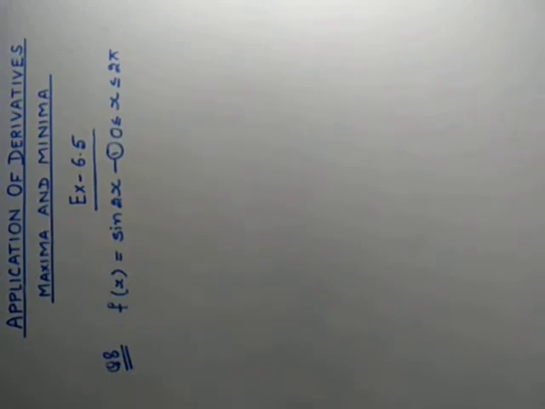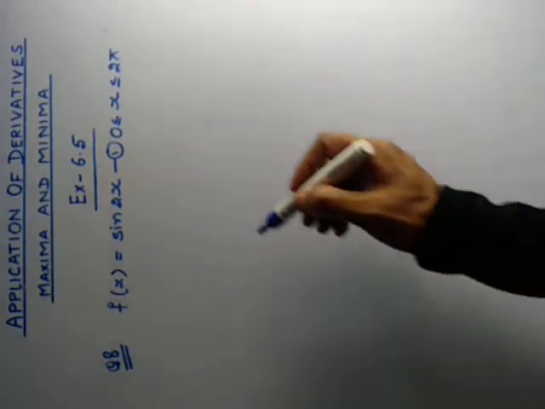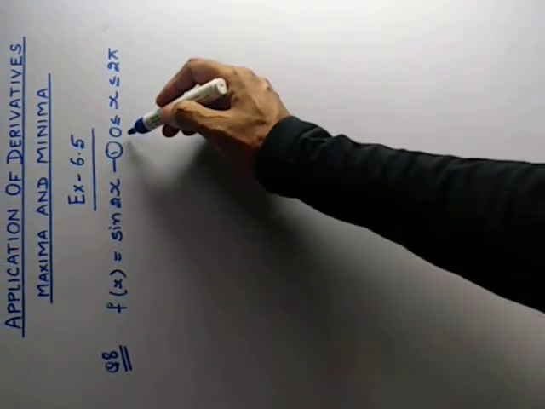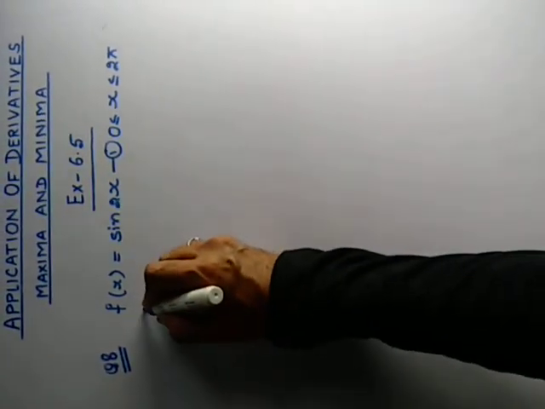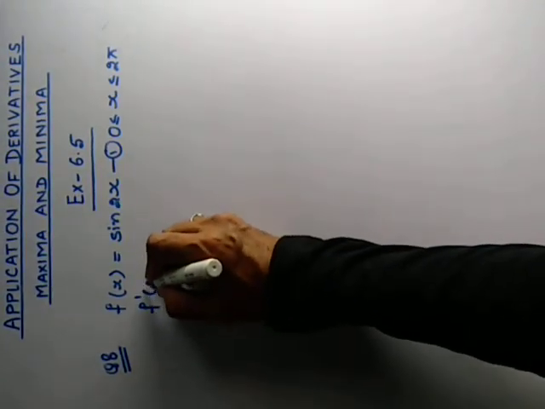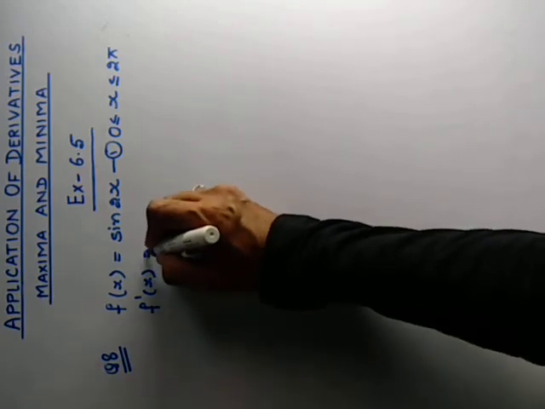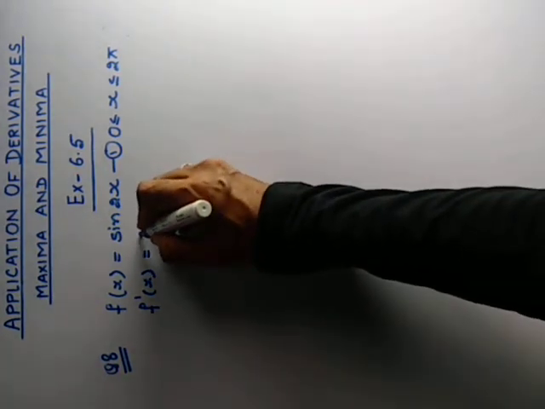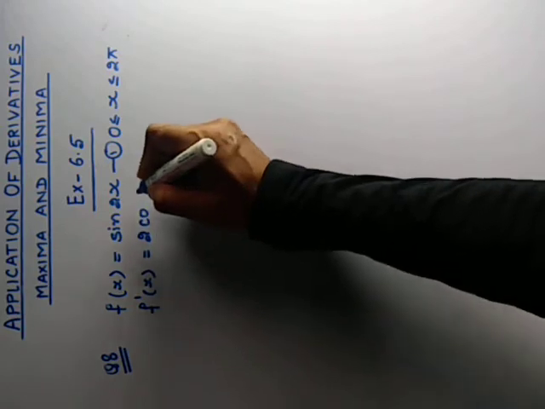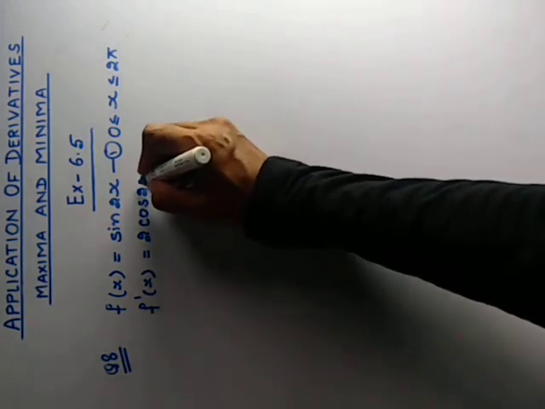Next is question number 8. At what points in the interval 0 to 2 pi does the function sine 2x attain its maximum value? So x is greater than or equal to 0 and less than or equal to 2 pi. First we will differentiate the function. f dash x equals 2 cos 2x.